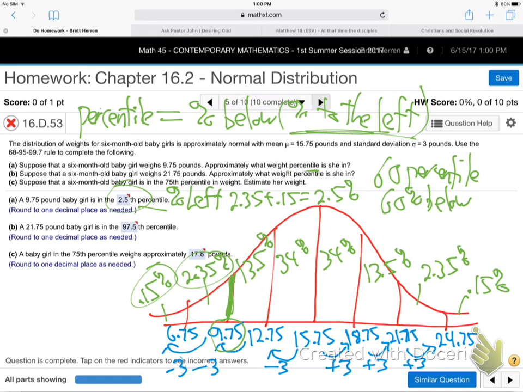She's at the 2.5 percentile. Is that making good sense? So in other words, she's pretty light, right? Only 2.5% of all baby girls have lower weight than her. She's pretty light.